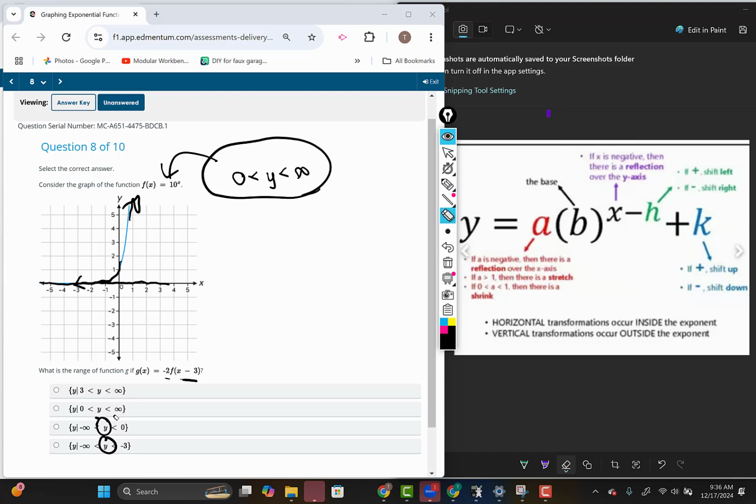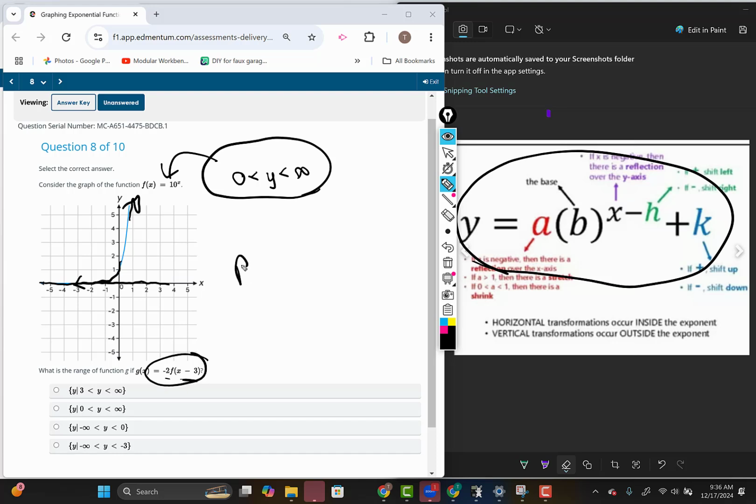So to answer the question, we got to think about our transformation rules. And while these are helpful to an extent, they look a little bit different than this format. So I just want to remind you the transformation rules for any general function.